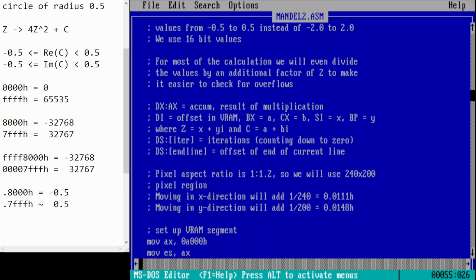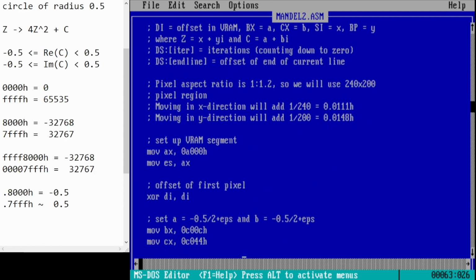Now it has a couple of implications for the code that we've already written. Instead of working with A and B starting at minus 0.5, we now have to shift them right by 1 bit, since they're actually used in a part of the iteration where we're using these shifted values. And so that would actually be C000 in hexadecimal. I didn't actually quite use those values.